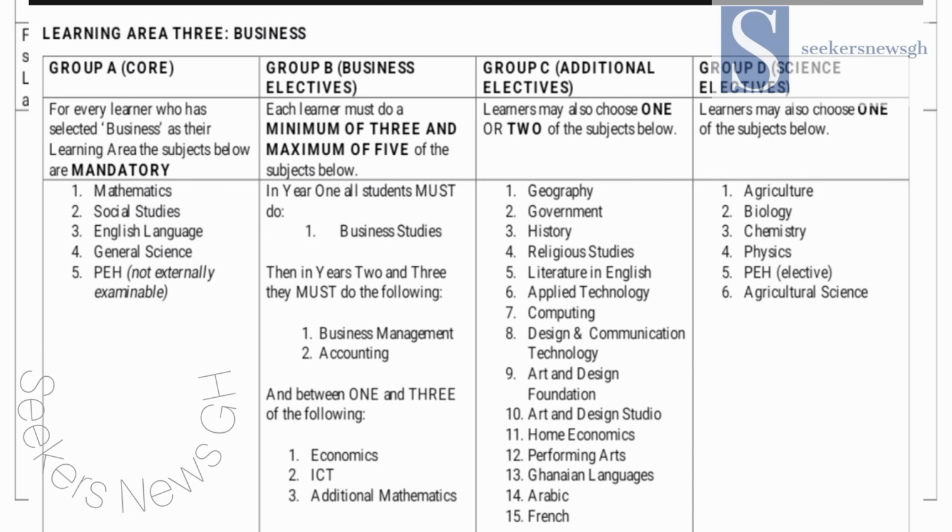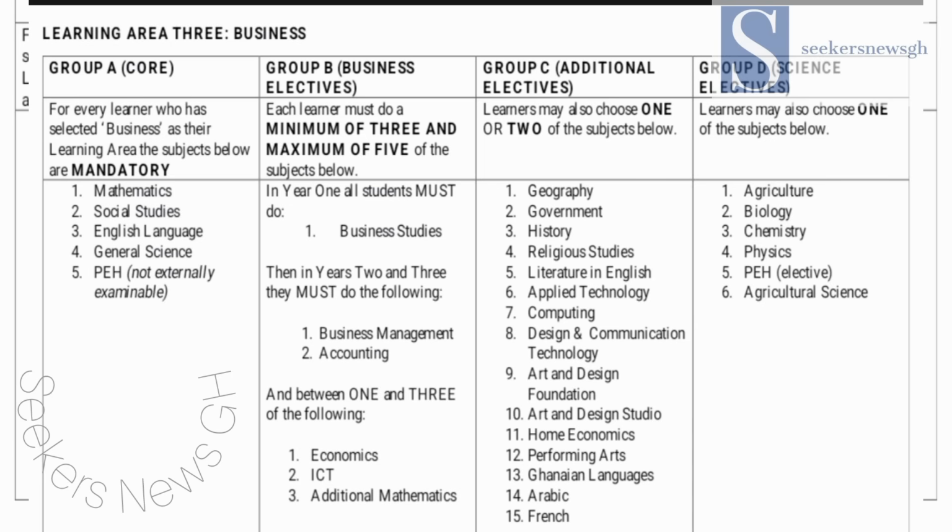Now, if you want your child to do business, this is what we have. The business as a learning area. Your child will do mathematics, social studies, English language, general science, and PEH as core. Then after that one, these are the various ones. If you say you are doing business, then everyone will do business studies as one subject.